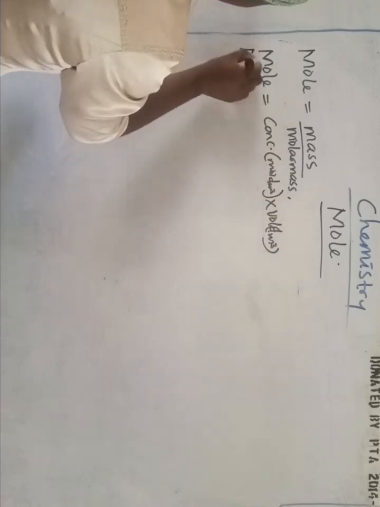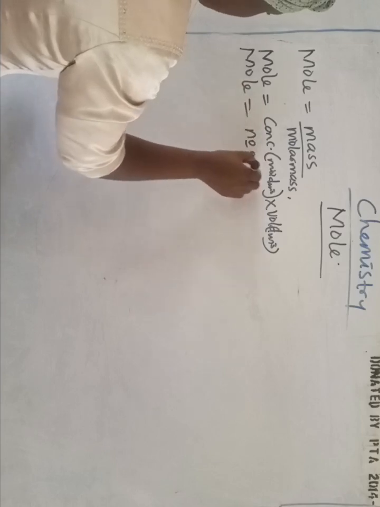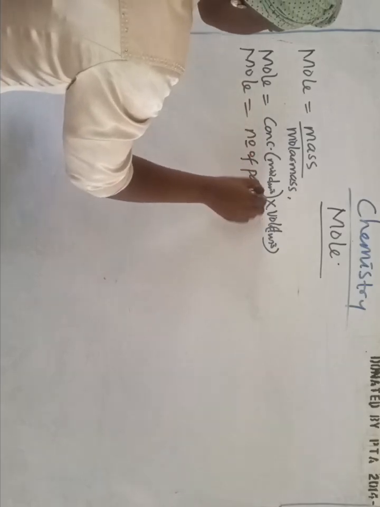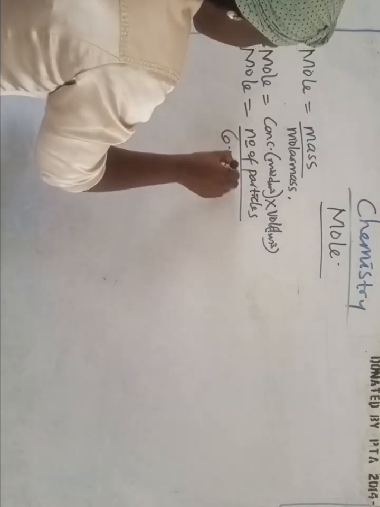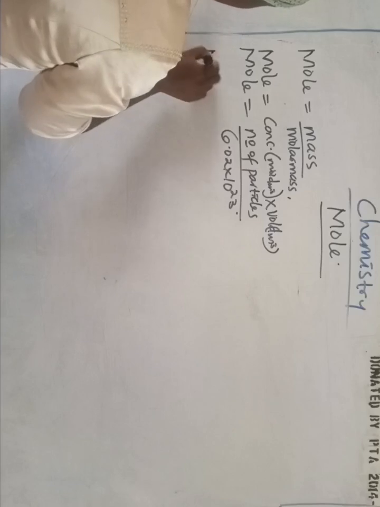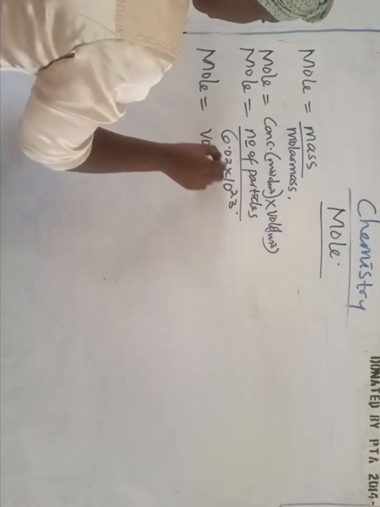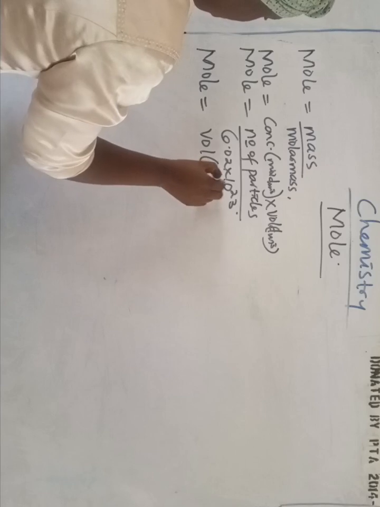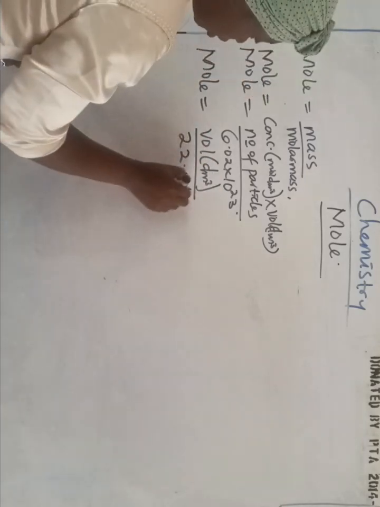I can also say my mole equals to number of particles or atoms over the Avogadro's constant. I can also say my mole at STP equals to volume in dm cube over 22.4 dm cube.